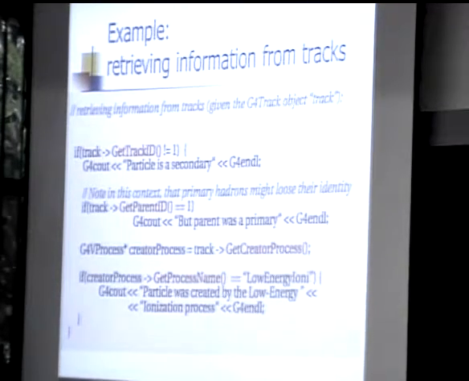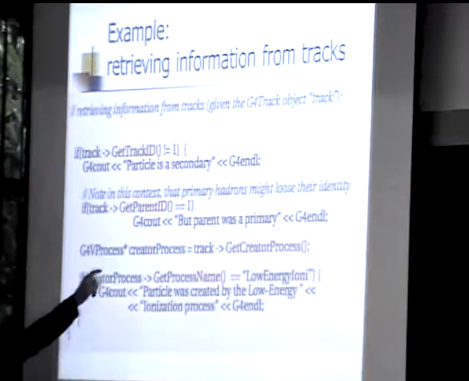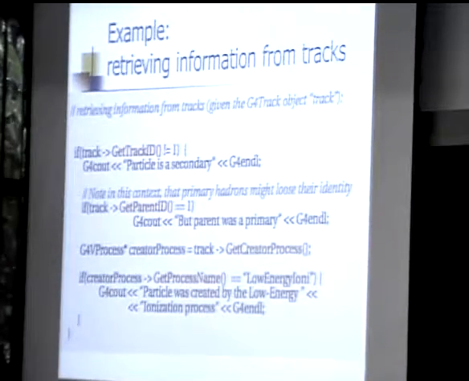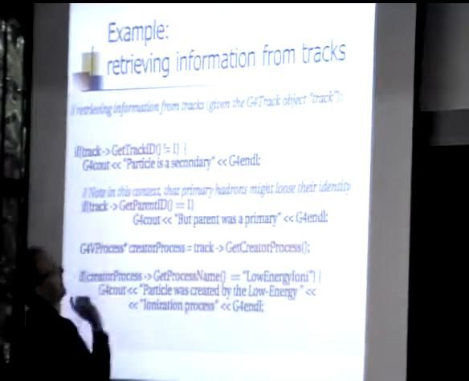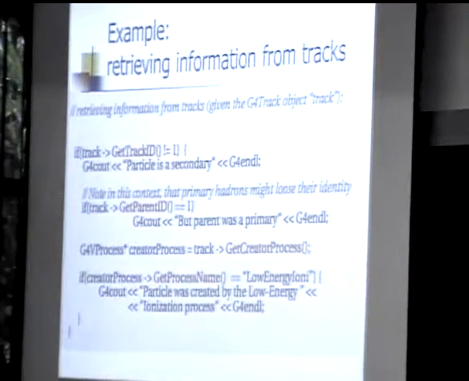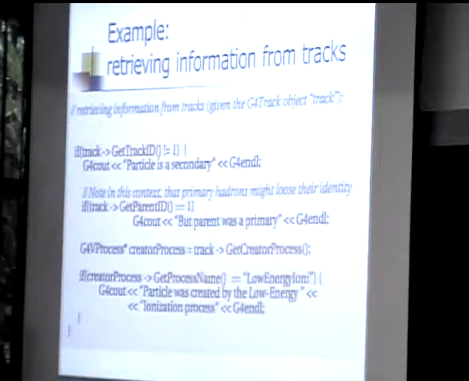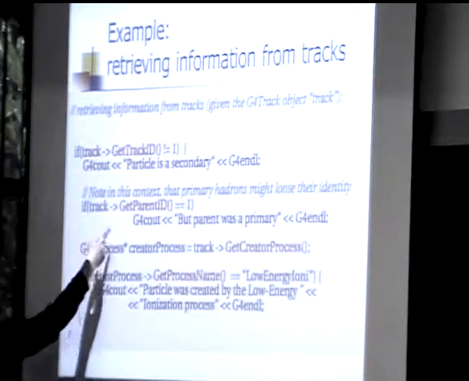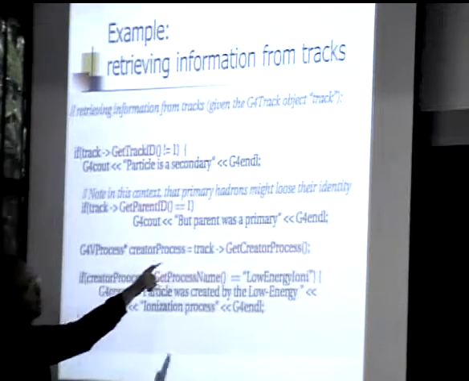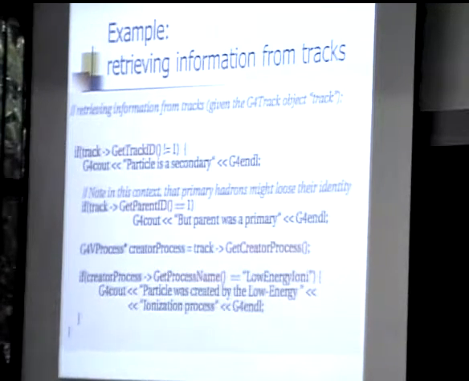So if you want to check whether a particle is a primary or not, you just check if its ID is equal to 1. If it's not equal to 1, it means that this particle is not the primary. It's a secondary produced by some kind of interaction. You can check which primary generated it and which process created that particle.